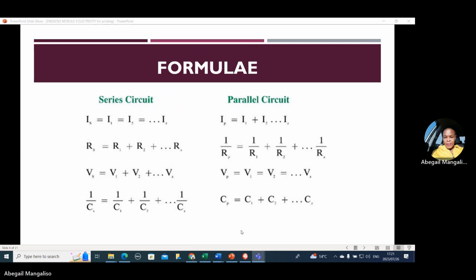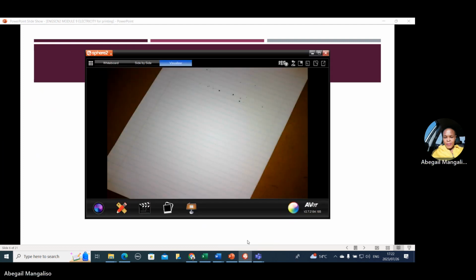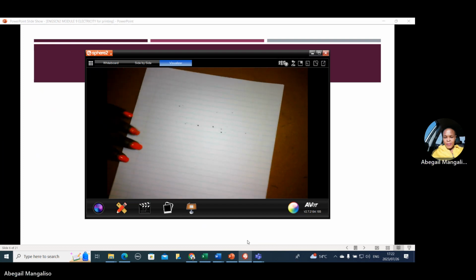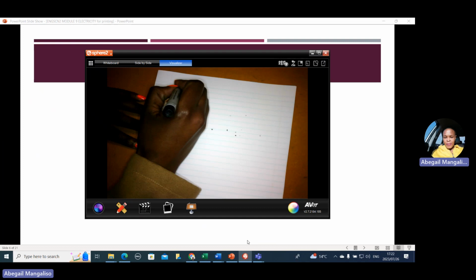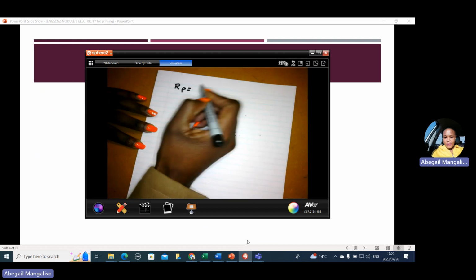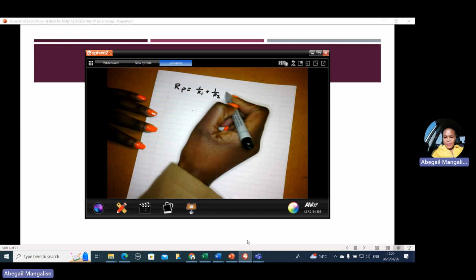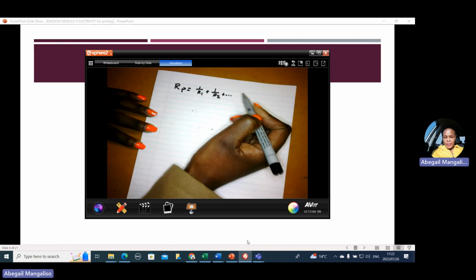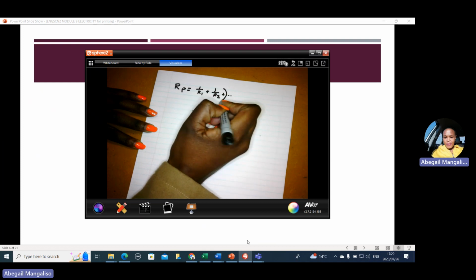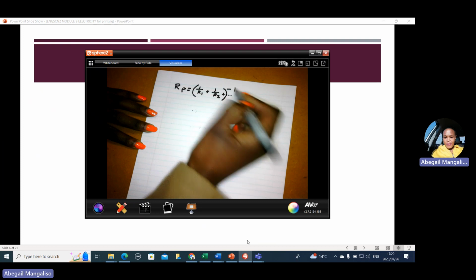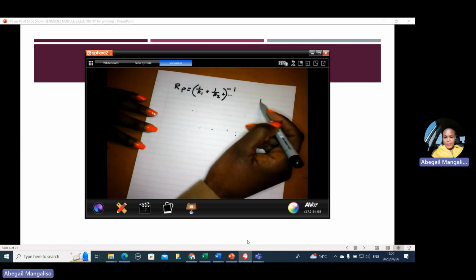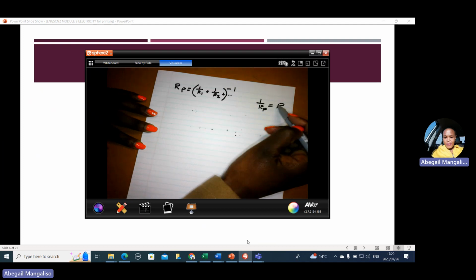Alternatively, when you calculate the R parallel, you can simply do it like this. If there are 3 resistors that are connected in parallel, to get the Rp, you just write Rp equal to 1 over R1 plus 1 over R2, depending how many that are parallel, but put brackets and do the inverse, because the inverse of 1 over Rp will be Rp.